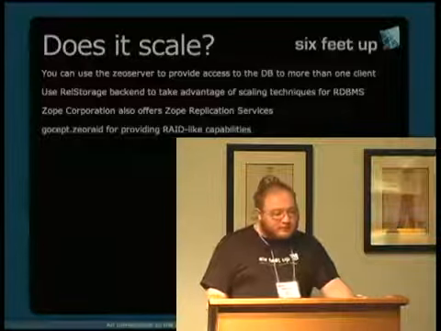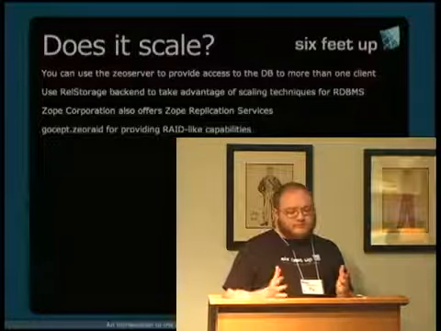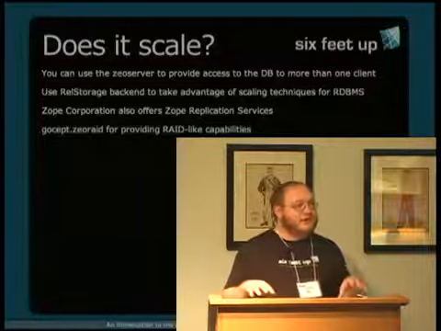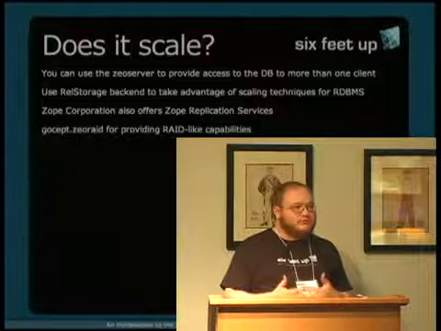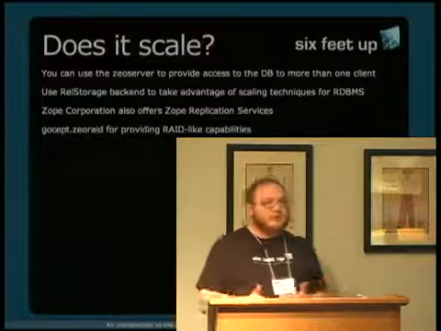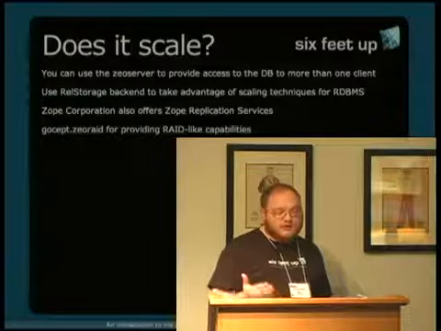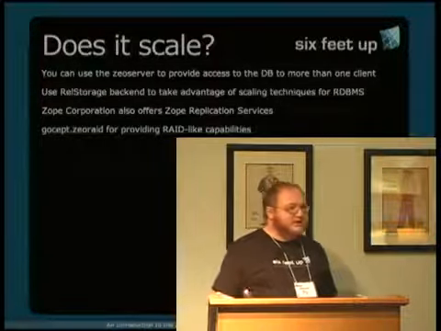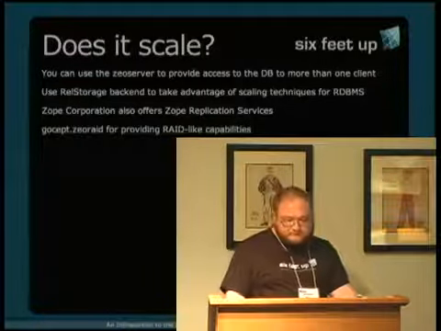You can also use the RelStorage backend, and that will actually kind of treat your databases as a black box from that point. So if you're using RelStorage, you can actually take advantage of the scaling techniques that you might use for a relational database. So you want to store your stuff in Postgres, you can put the Postgres databases behind a PG connection bouncer, or pooler, or whatever, and use that.